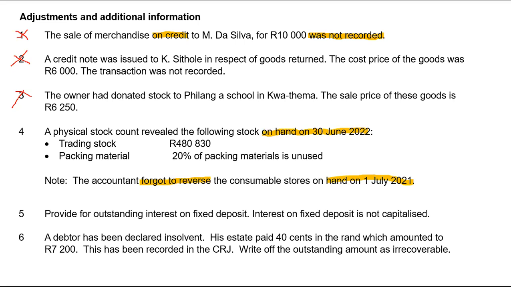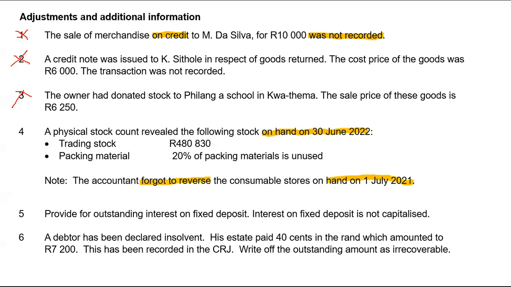Reversing means that when something is on hand, you normally debit consumable stores on hand, and then you credit whatever was on hand. The following year, because consumable stores on hand is a current asset, it means it must be converted into cash or used. In this case, it was used within 12 months.